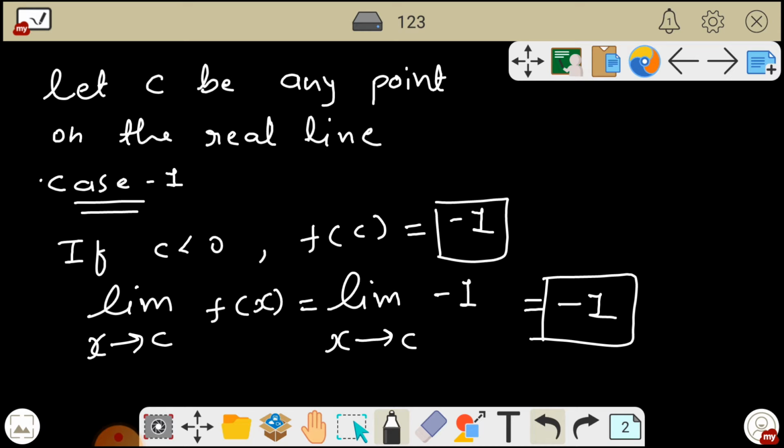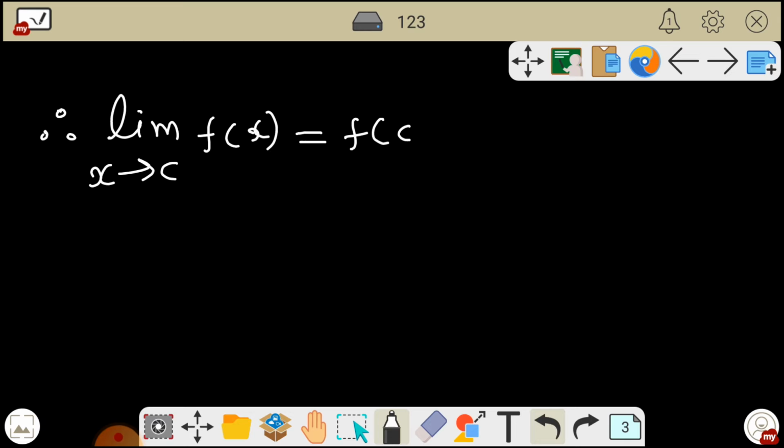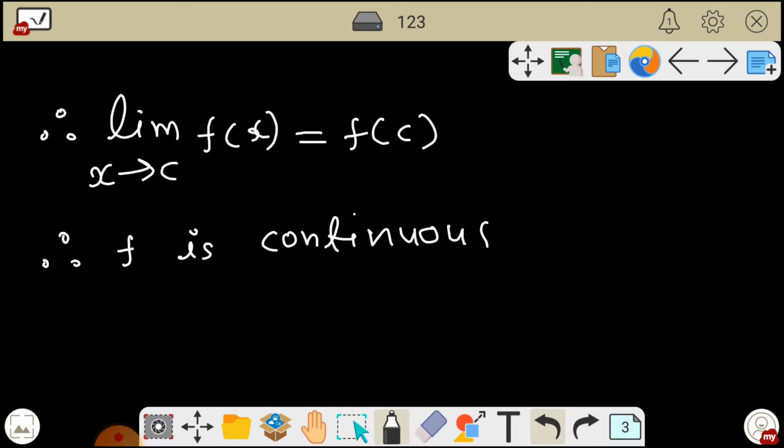So here you can see that our limit and our function both are equal at C. Therefore limit x tends to C f of x is equals to f of C. That's why f is continuous at x less than 0.